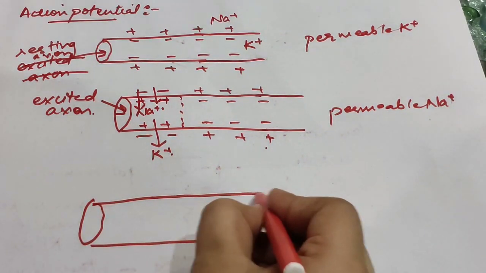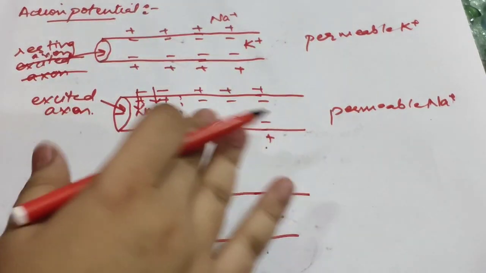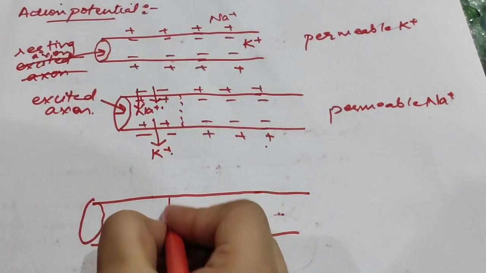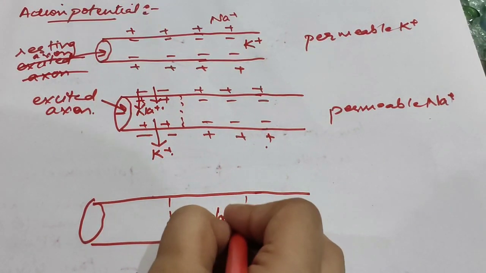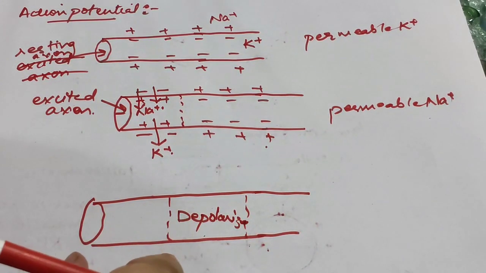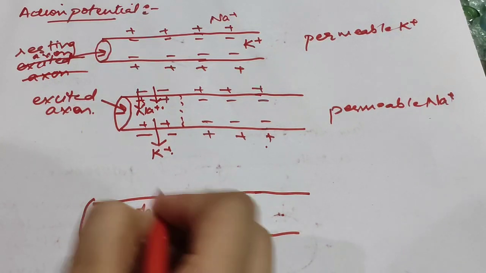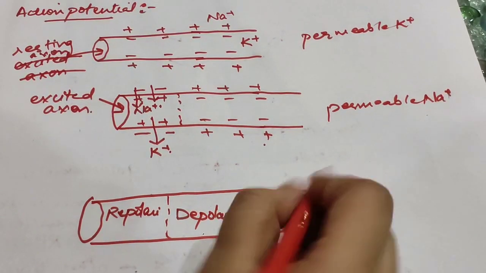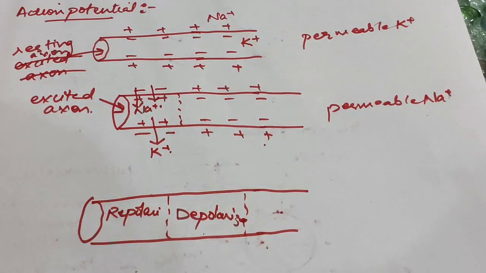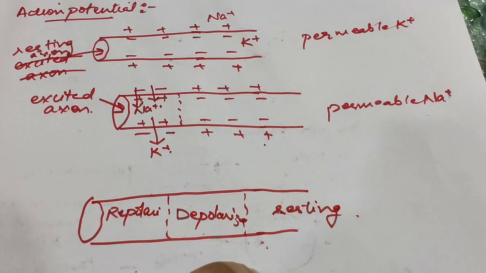The third stage: what happens when this depolarized part shifts? Like here, it is the depolarized part. Now what happens with this part? It again becomes repolarized. That means these parts get polarized again, and this is known as repolarization.